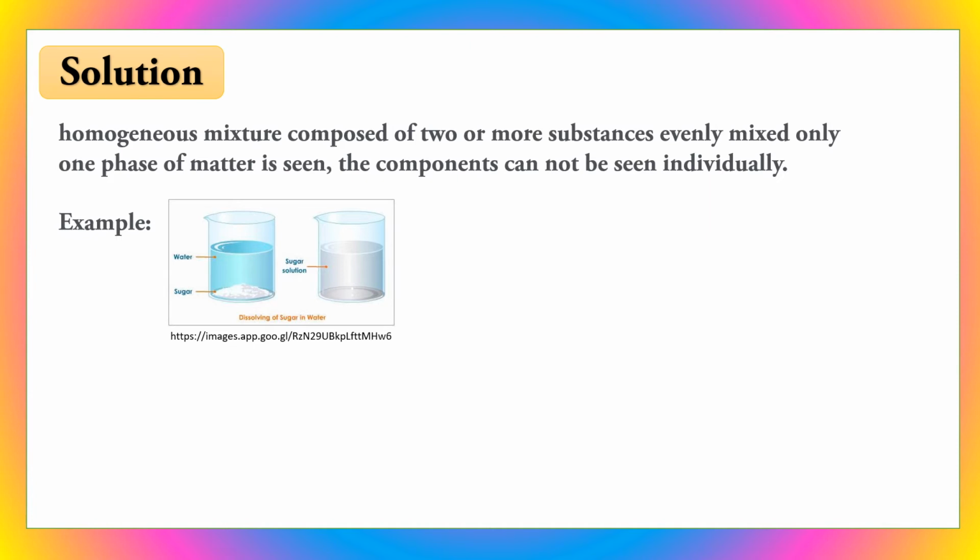When sugar is mixed with water and the sugar has been dissolved, then we have a sugar solution. In this particular example, you cannot anymore distinguish which is the sugar and which is the water. That is, the components cannot be seen individually.